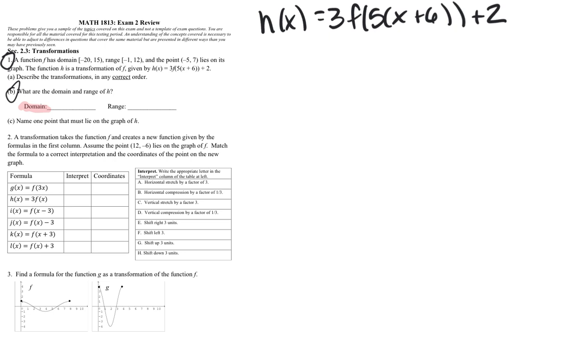Our domain transformations are everything that happens to the x-axis, so the 1/5 and this plus 6, everything on the inside of our f. Our range is everything that happens to our y-axis, up and down, so we'll have our 3 and then our 2.